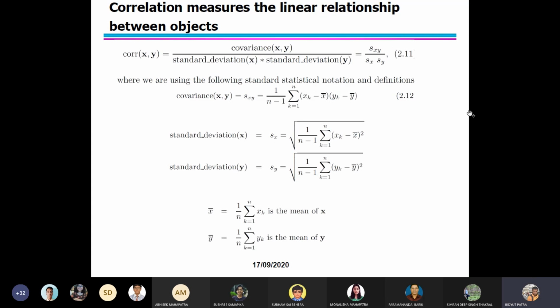So we talked about the Pearson correlation measure. You have to compute the covariance, where you subtract the mean from the individual values for both the attributes, X and Y. Then we normalize by the standard deviation.